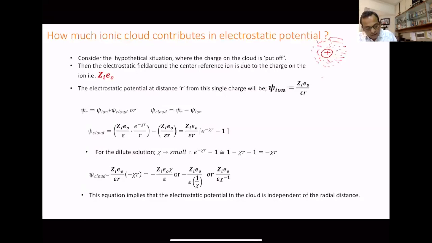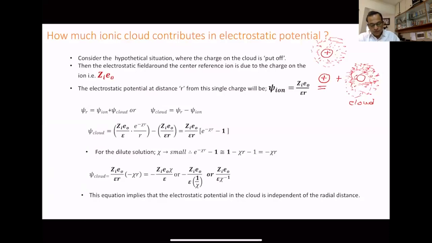I can say that the total electric potential in the system is equal to the electrical potential due to the reference ion, that is the central ion, and the electric potential due to the cloud. Agree? So I have notionally separated two things now: I have the reference ion and I have the cloud.